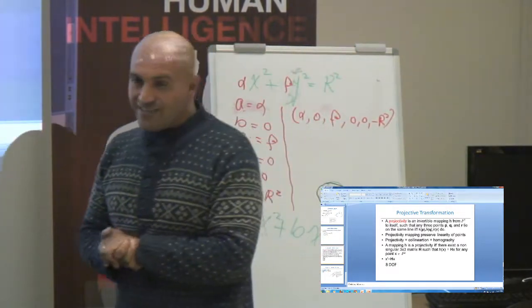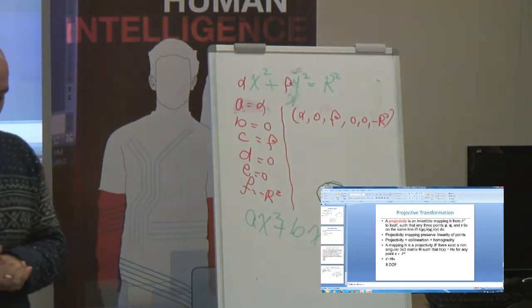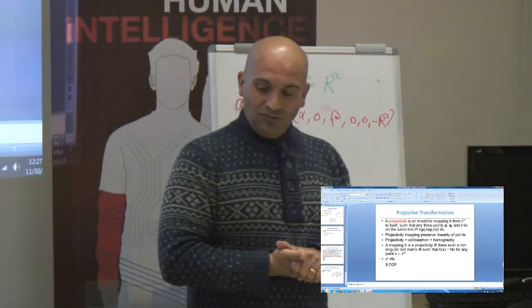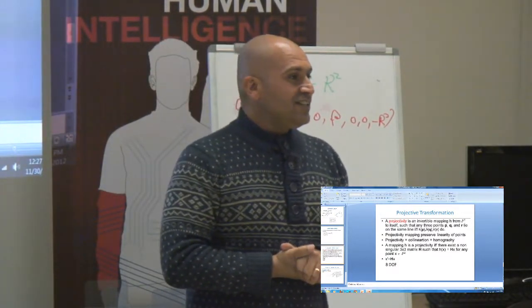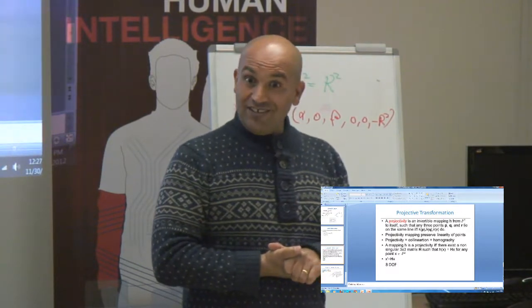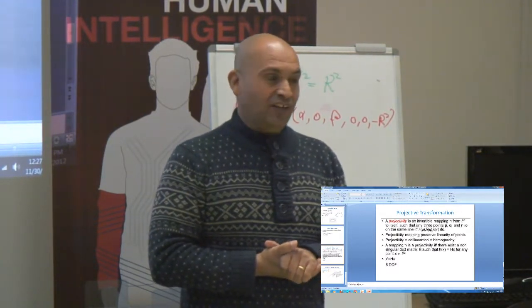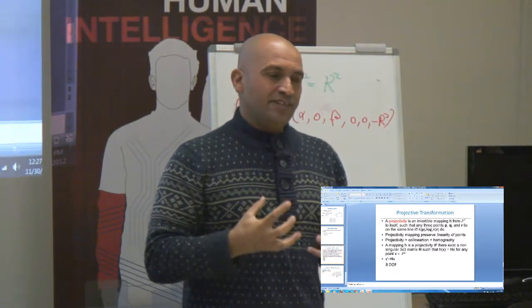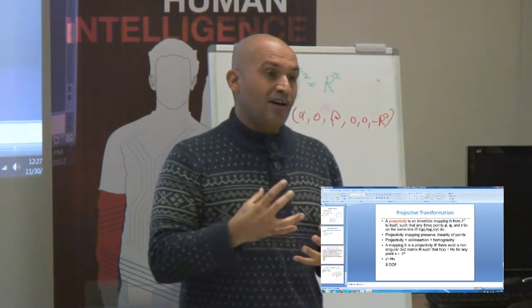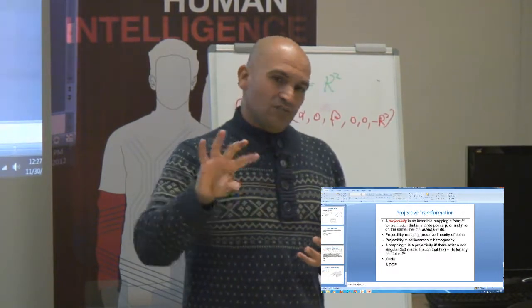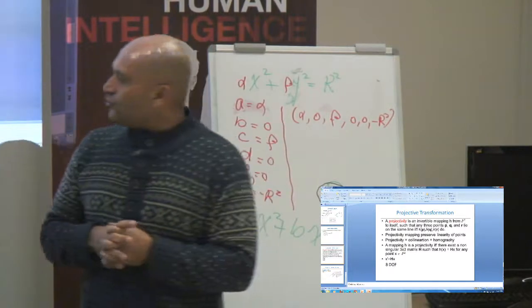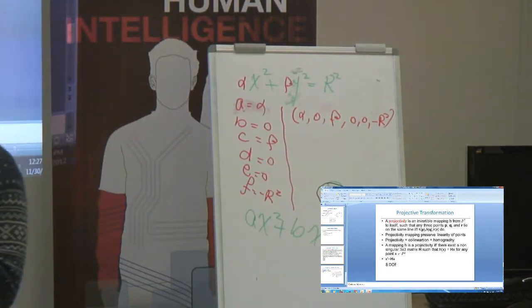So there are 8 degrees of freedom in order to determine a homography. This is what we will often need in order to rectify an image. It's the basic transformation we would like to apply in order to calibrate a camera or rectify an image.